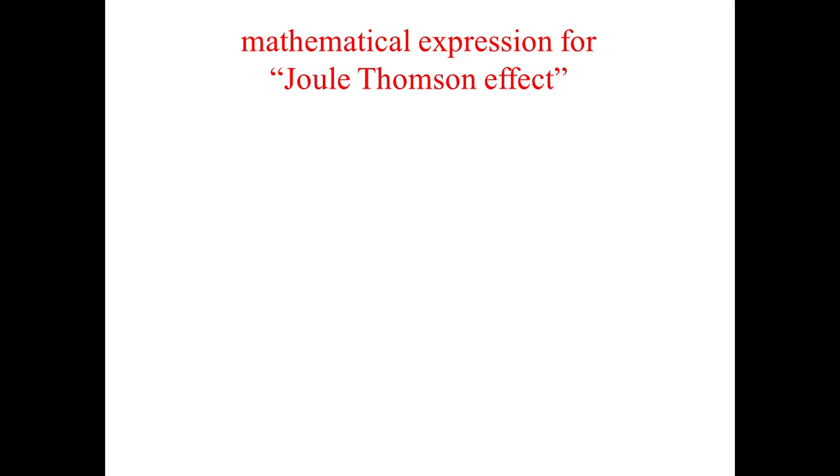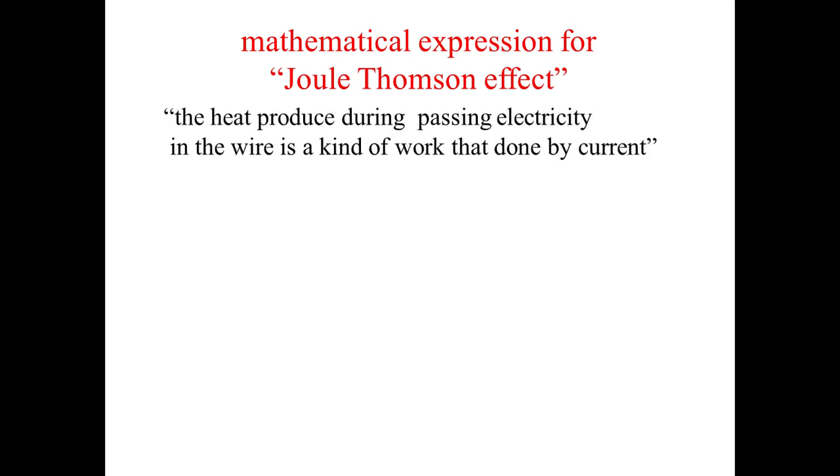That means the work that is carried out by electric current is always converted into heat. So we can formulate a statement: the heat produced during passing electricity in the wire is a kind of work done by the current.